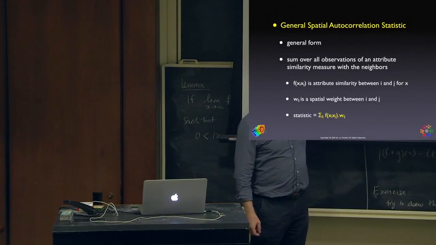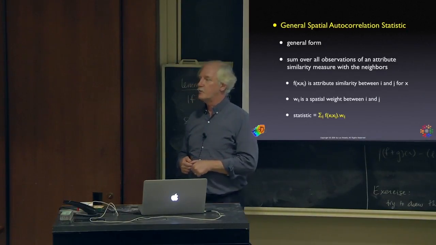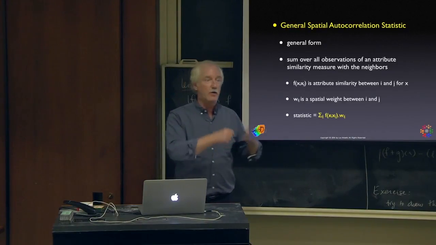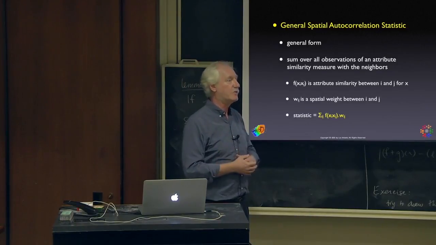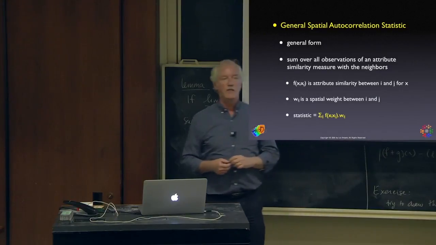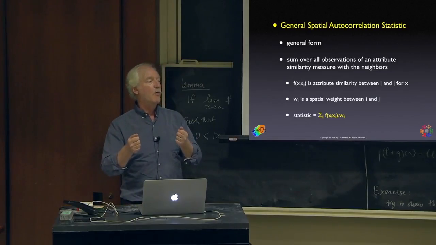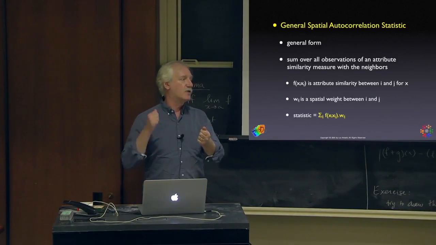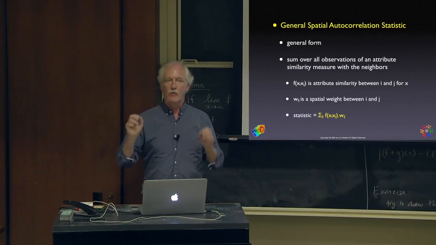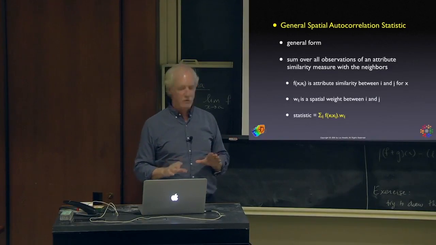It is a sum of a product of an attribute similarity measure, which could be a cross product, square difference, absolute difference, or cosine. There are all these other ways of measuring similarity between attributes that you can apply to the first function. And then our spatial weights matrix with the element connecting i to j, or more importantly, not connecting i to j. When i and j are not connected, that weights element is 0. And we love 0. 0 simplifies our world, as we'll see shortly.